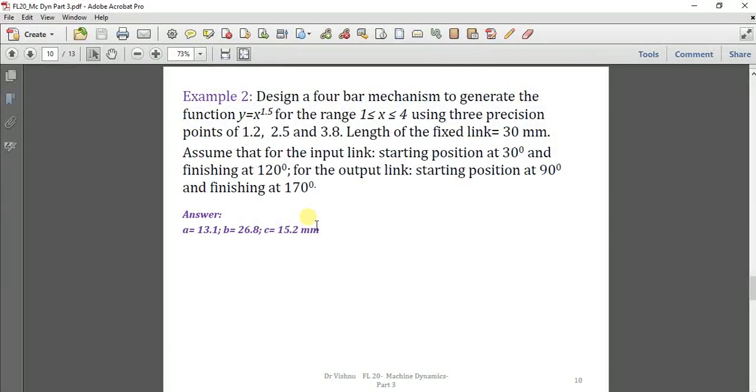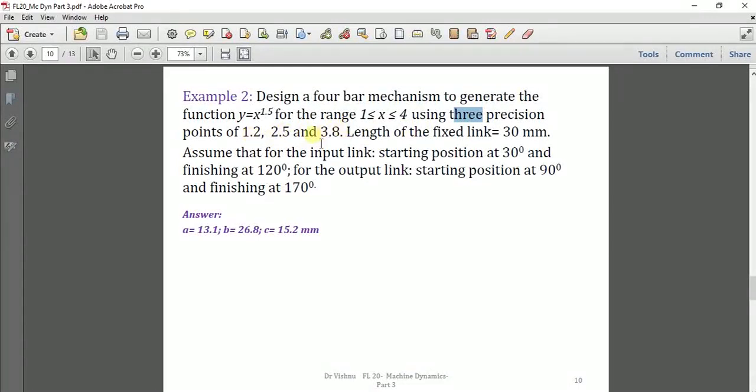If you read the question, it says design a 4-bar mechanism to generate the function y equals x power 1.5 for the range of x between 1 and 4 using 3 precision points. Precision points of 1.2, 2.5 and 3.8. Now this is a clear case where you have been given the precision points, x1, x2, x3.